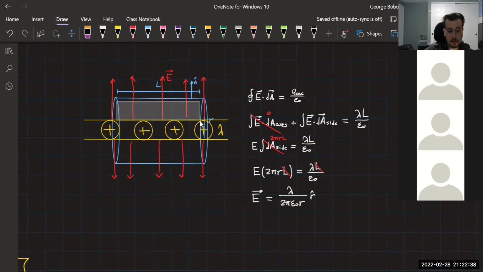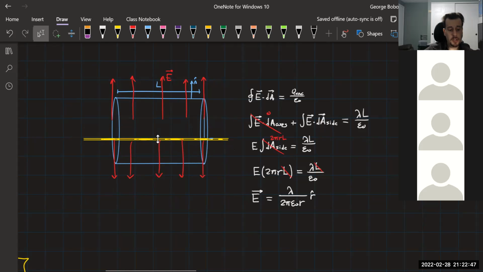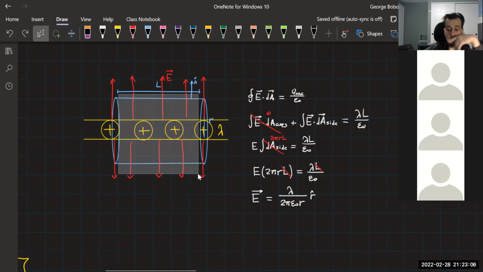I don't care about the gap above and the gap below. It doesn't contain any charge. The charge is all squeezed on this one-dimensional line right here. So if I have the lambda of this line, and I know the length of my cylinder, I multiply them together to get the charge enclosed. Versus on the left, I'm working with a cylinder, right? You're saying, how big is the surface area of that cylinder on the side? 2 pi RL.